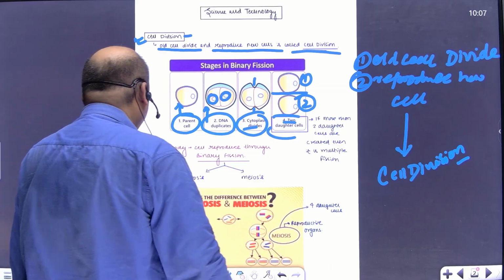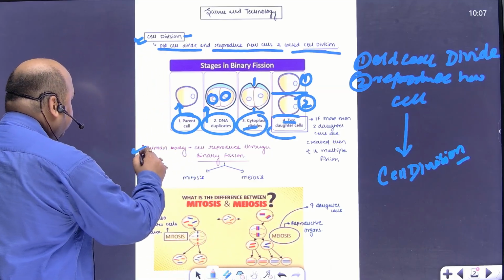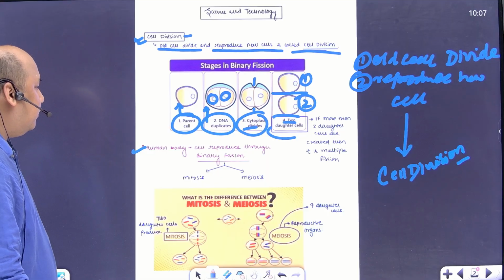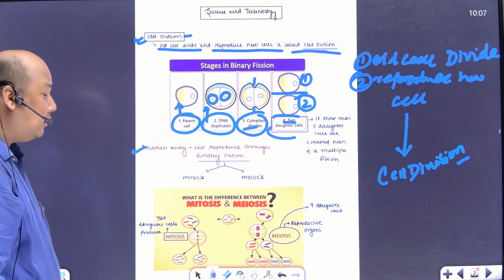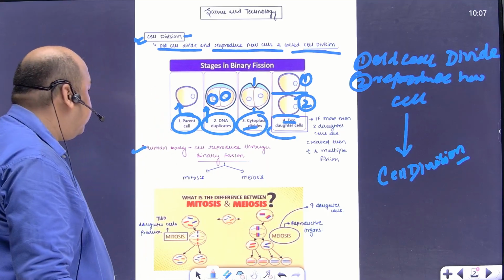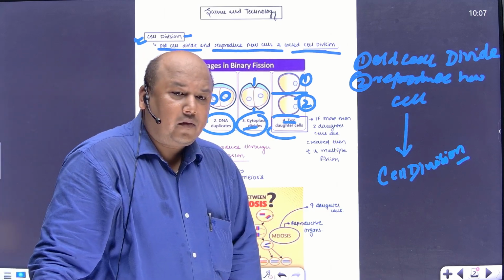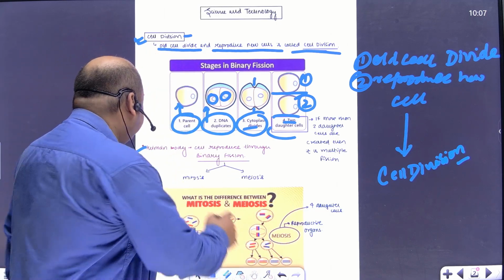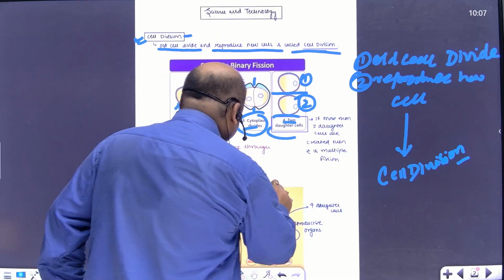Now come to the human body. In the human body, cells reproduce through binary fission, which we have already seen. When we talk about binary division, it is of two types: one is mitosis, one is meiosis.